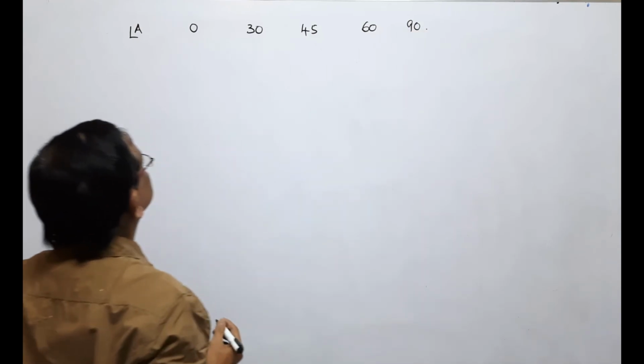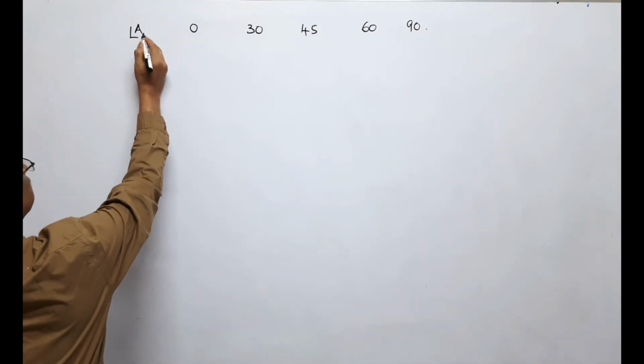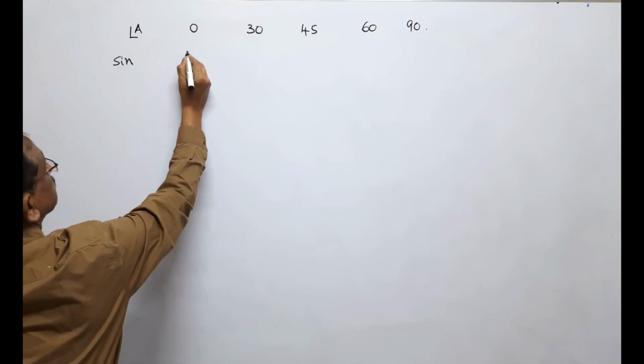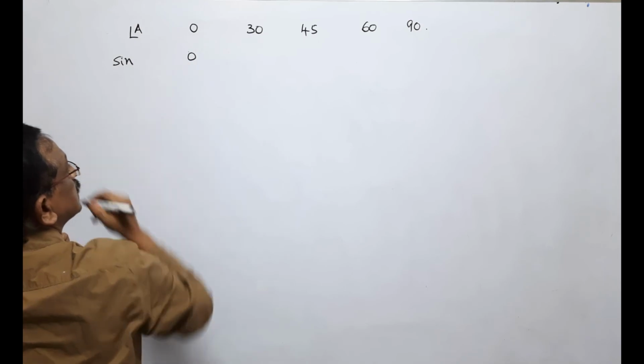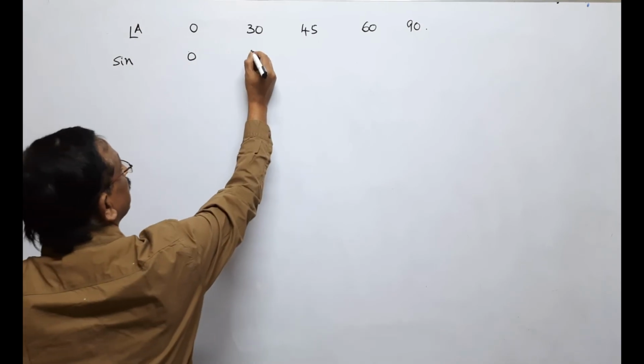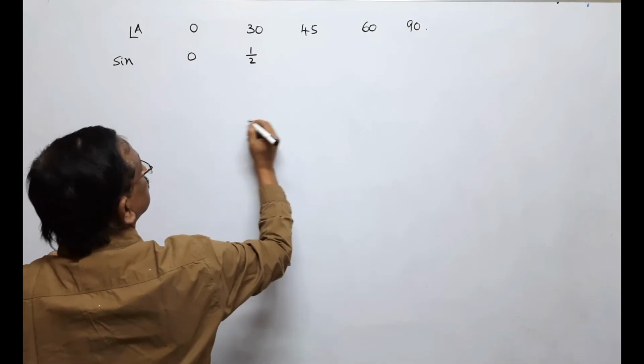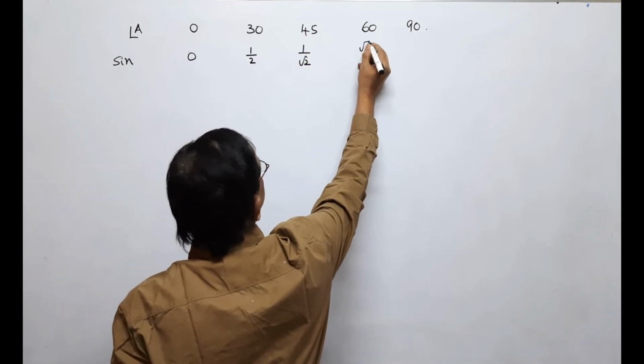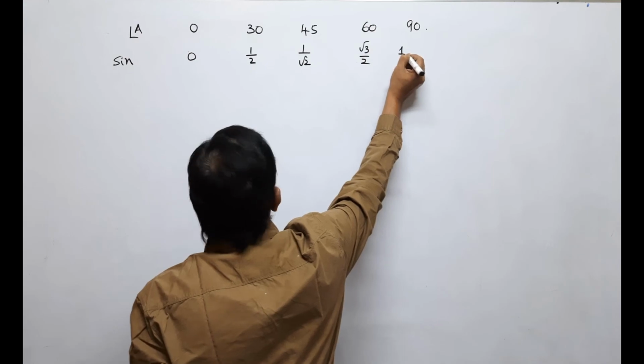That's what we have to decide for all the trigonometric ratios. This is sine, sine of A. Sine 0 is 0. Earlier we have done that sine 30 is half, sine 45 is 1 over root 2, sine 60 is root 3 by 2, sine 90 is 1.